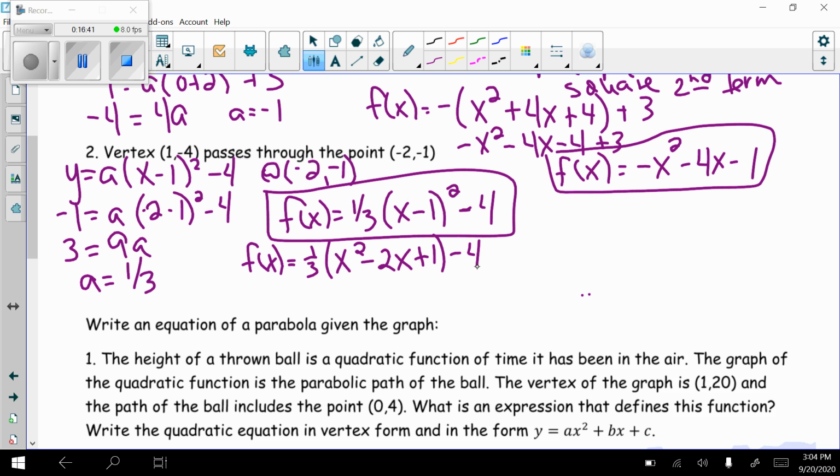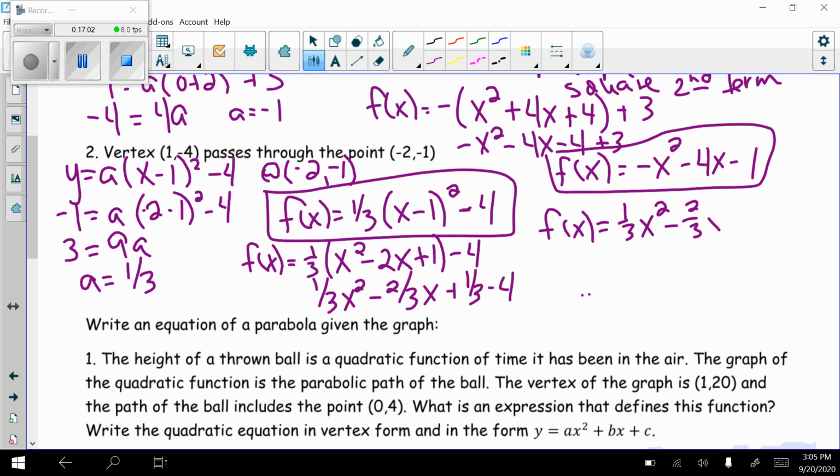I need to distribute my 1/3 with everything inside parentheses, so I get 1/3 x squared minus 2/3 x plus 1/3, and then minus 4. So now I'm going to combine like terms, so I get f of x equals 1/3 x squared minus 2/3 x, 1/3 minus 4.